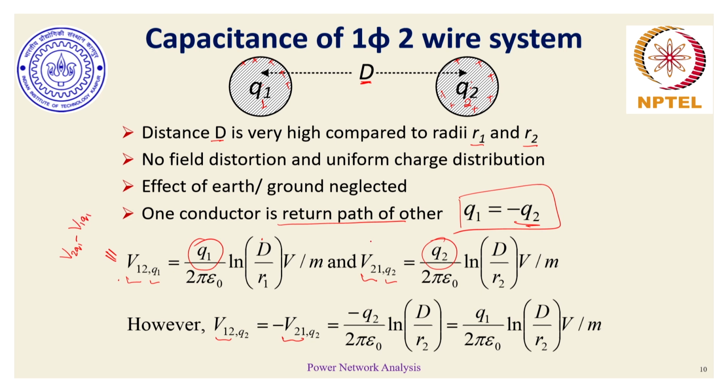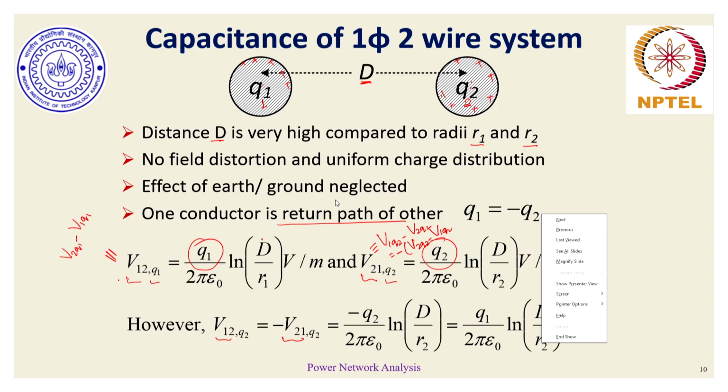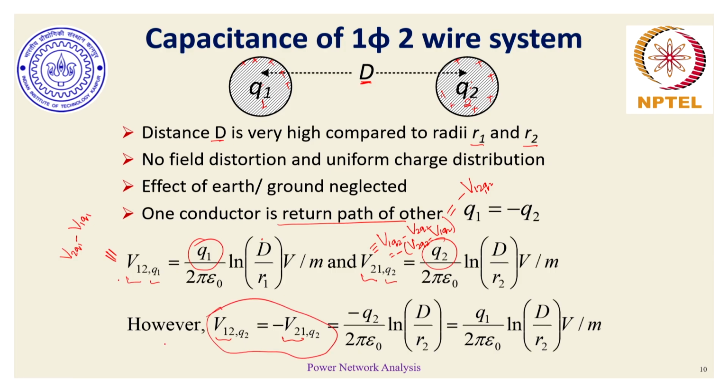Similarly, V21 Q2 is V1 Q2 minus V2 Q2, which is also equal to minus of V2 Q2 minus V1 Q2, which is also equal to minus V12 Q2, and that's how this negative term is coming in. And since Q2 is equal to minus Q1, V12 Q2 is this expression itself.